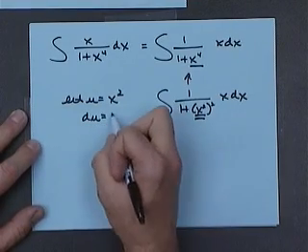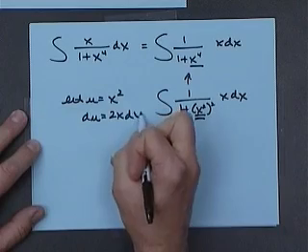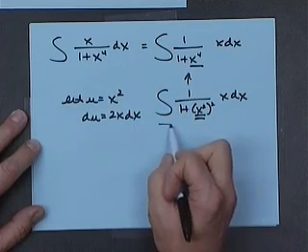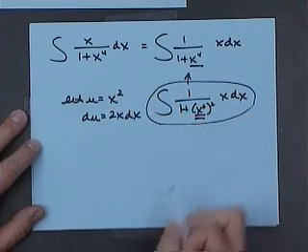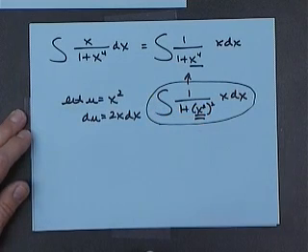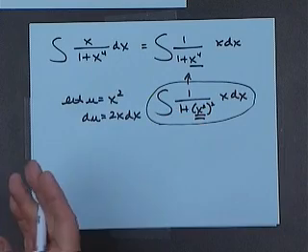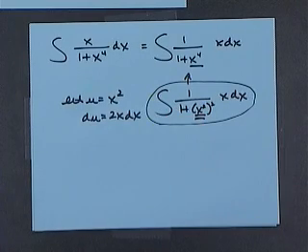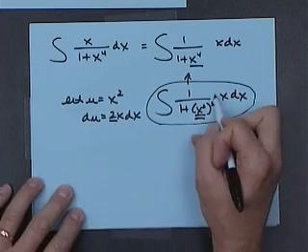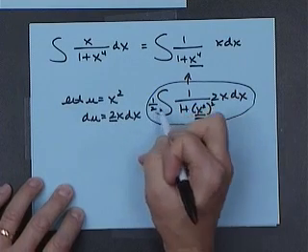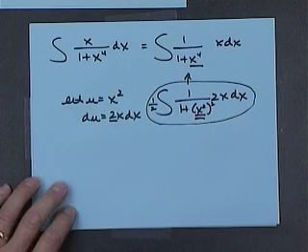du is 2x dx. So let's go ahead and use this adapted version of the original problem. Any corrections, compensations, any of that? 1/2 in front. Good. Need to multiply by 2 and multiply by 1/2.